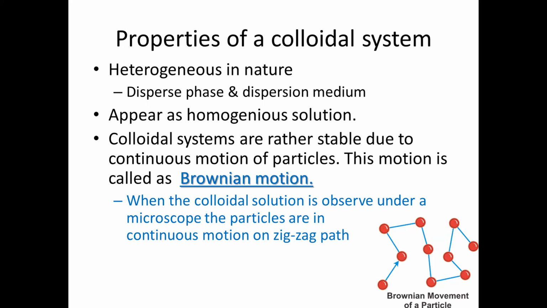So this Brownian motion is observed under a microscope with particles which are very small, and these motions are zigzag paths, or we call it random motion. So the first colloidal property exhibited by any colloidal system is the particles' Brownian motion.